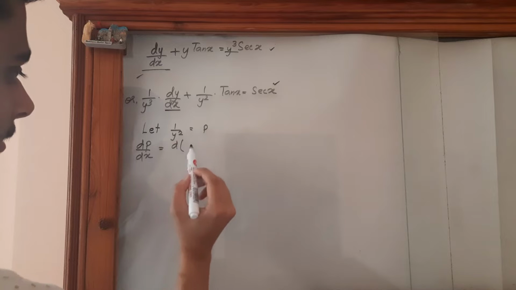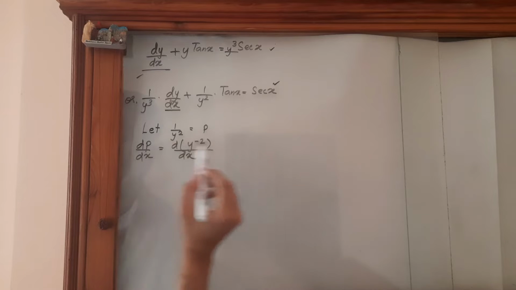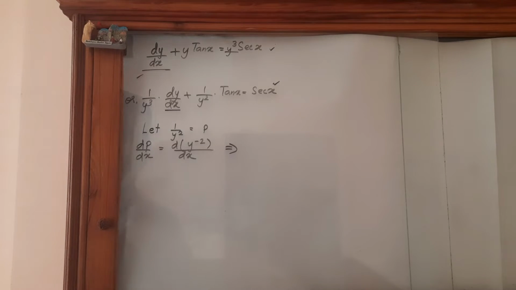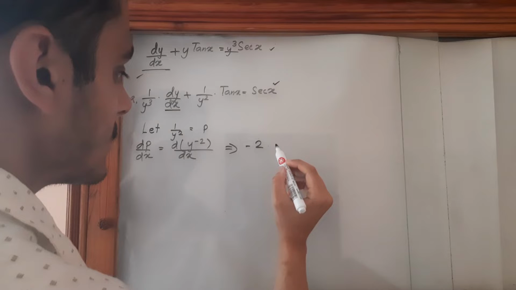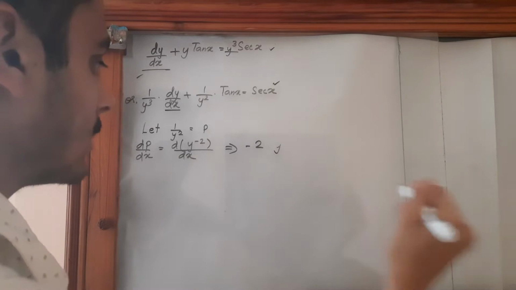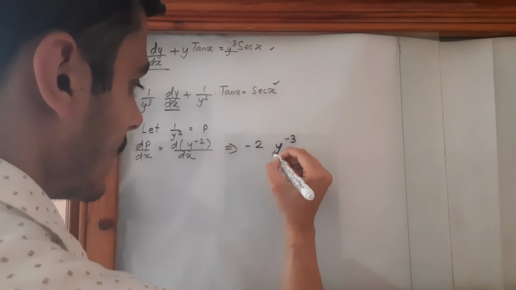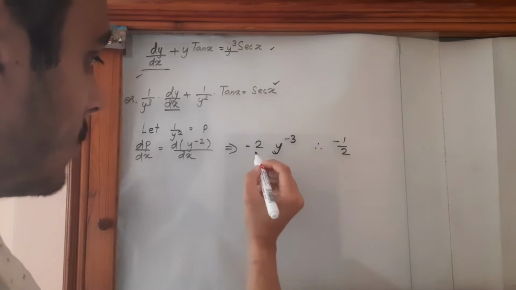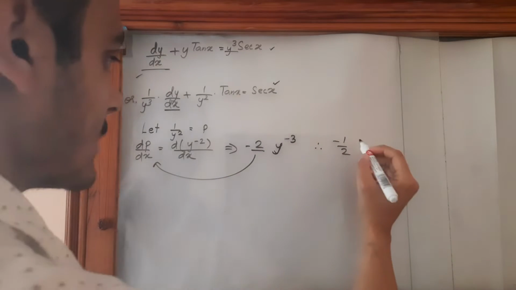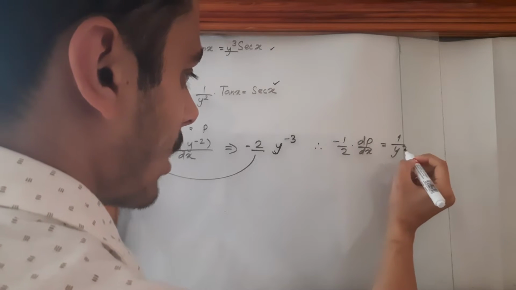That way what we have implies that dp over dx is equal to minus 2 times y to the power minus 3, minus 2 minus 1, so minus 3, and therefore what we can write is minus 1 over 2, when this 2 moves to the left hand side, times dp over dx is equal to 1 over y cubed.